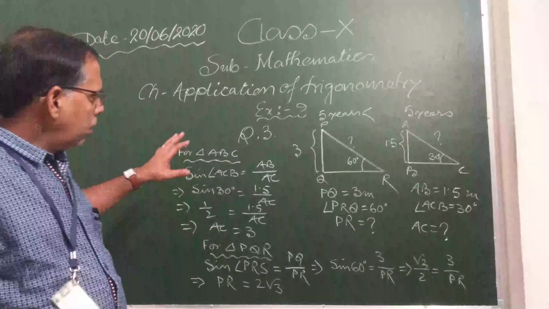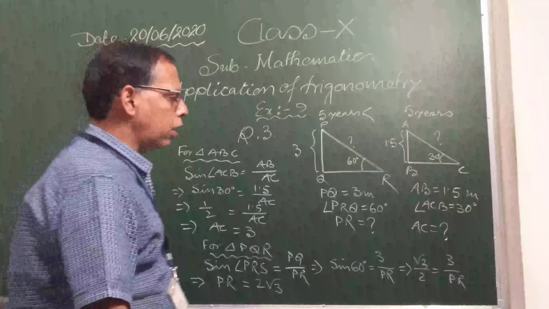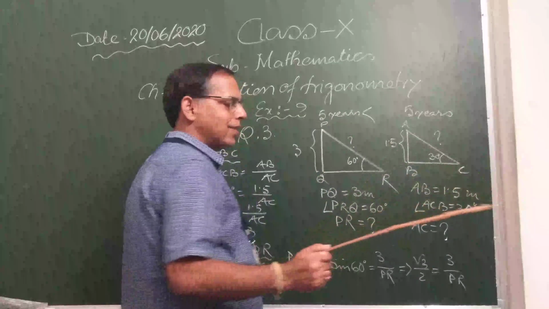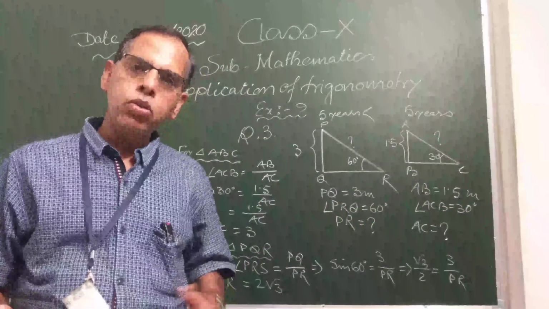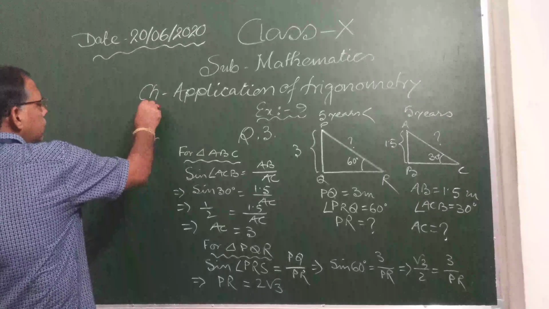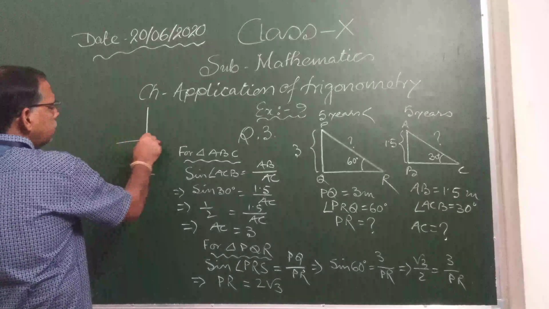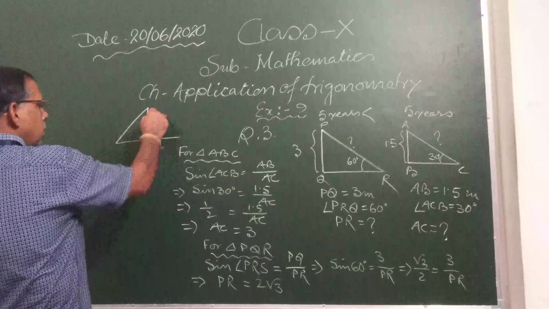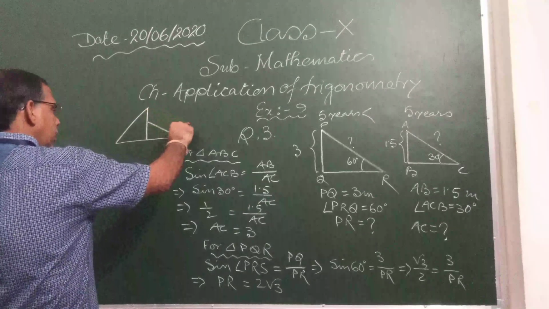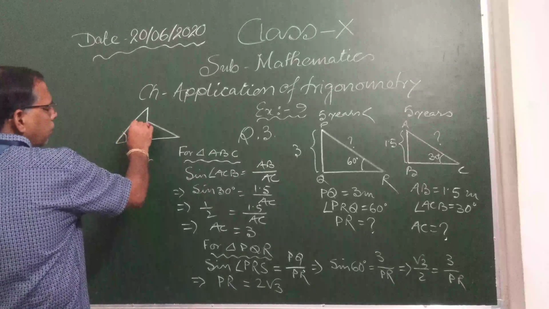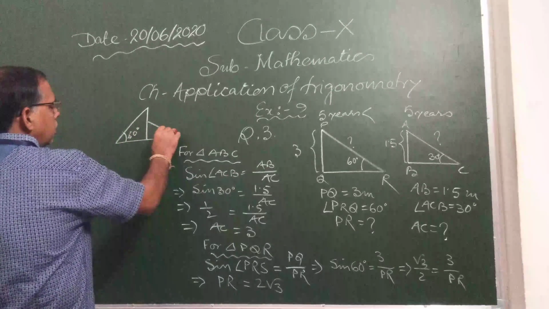Please remember one thing, that you have to draw the diagram correctly. I have drawn two separate diagrams. Instead of that, you can draw one diagram also. It is possible. One diagram how? I'll show you. See, this is one, and this is the other. This is 60 degree, this is 30 degree.